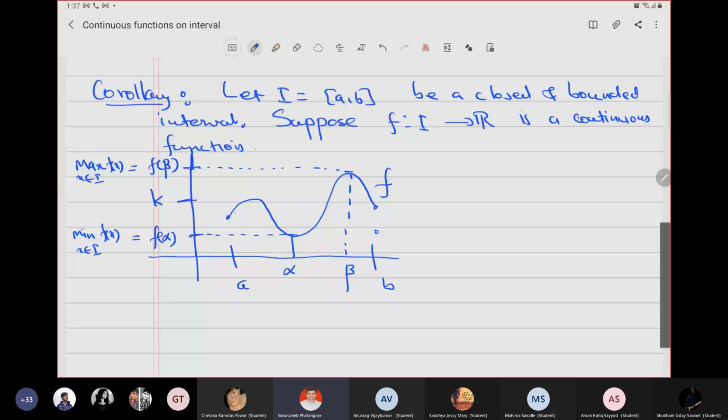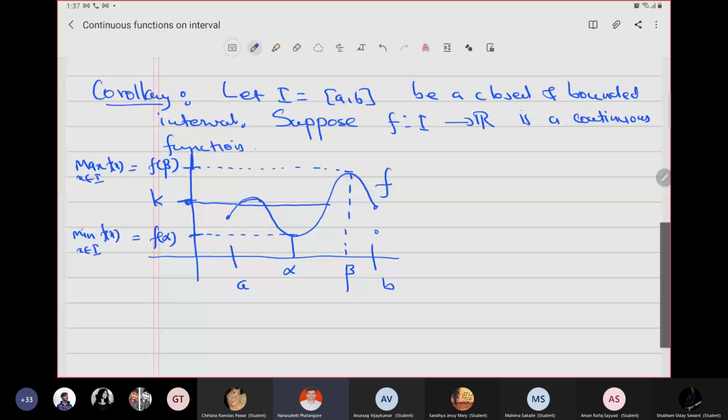So, in fact, there are 3 values of c possible. C1, C2, C3. There are 3 possible values of c for this k, at which value is k.